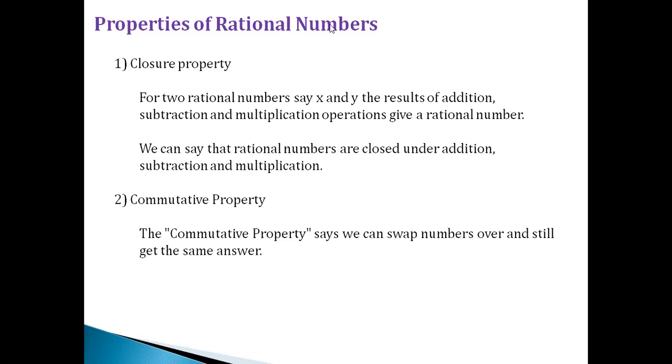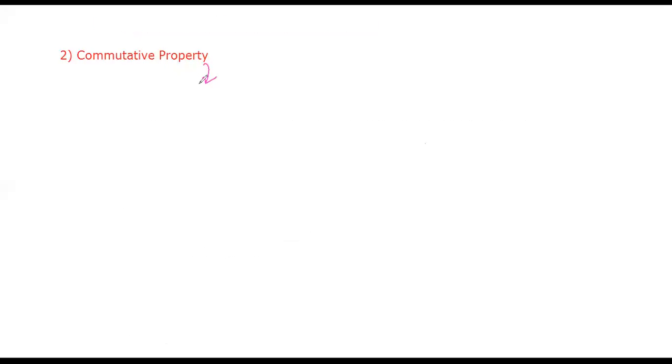So what things work and what won't work? In commutative property, we have addition and multiplication. You might have a question, why not subtraction and division?